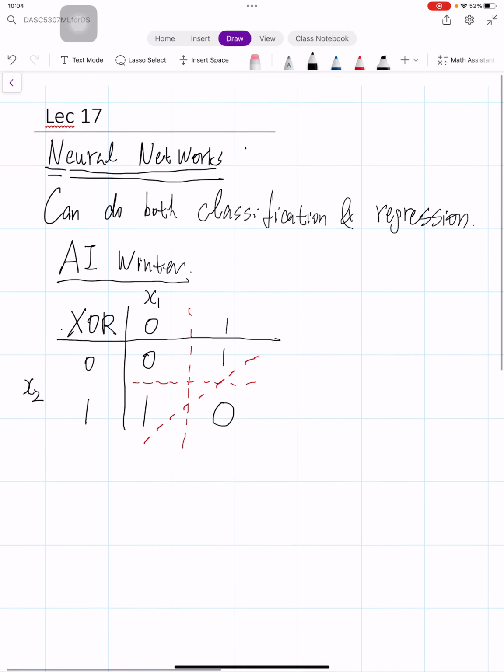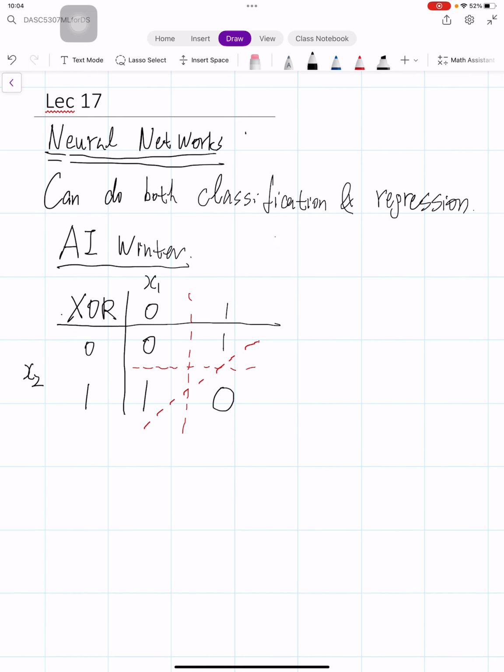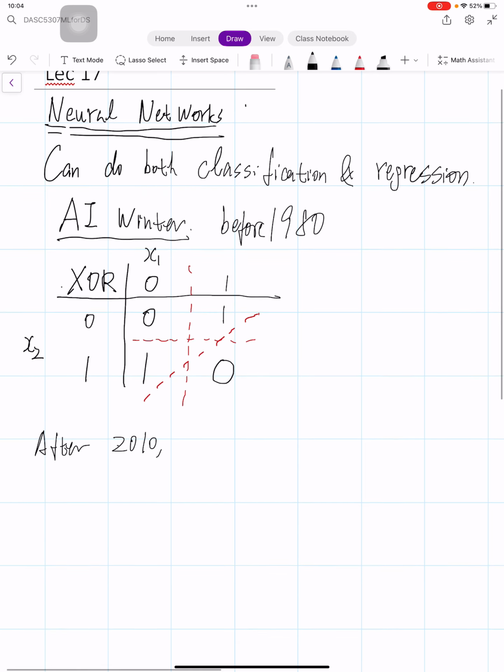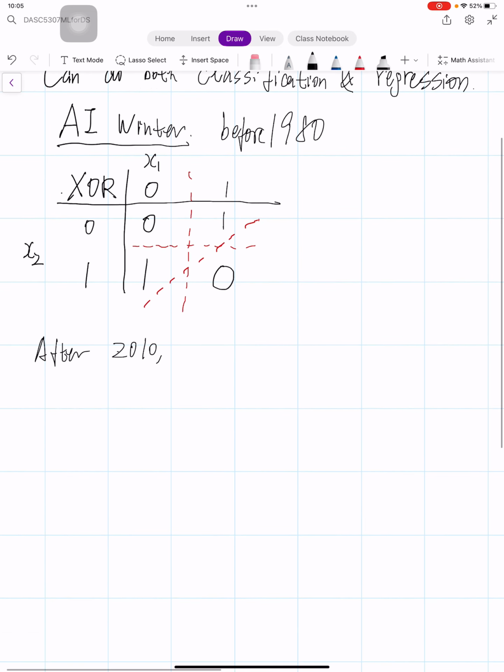The original idea goes back to before the 1980s, and after 2010, the neural networks resurfaced and got a lot of popularity, and everyone knows the power of deep learning, like ChatGPT.